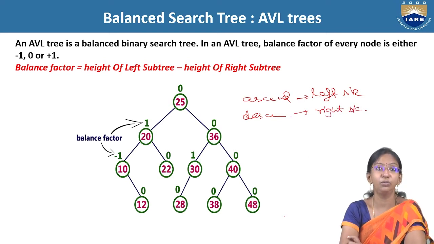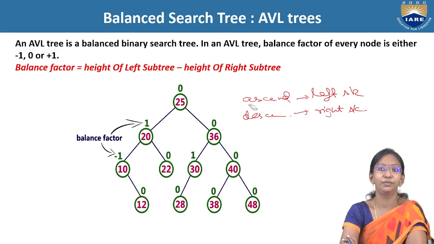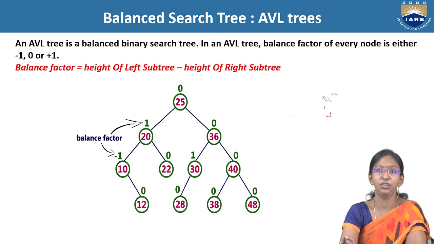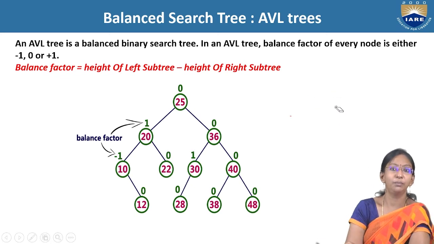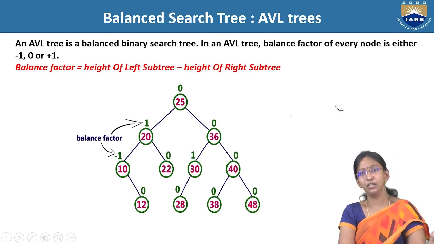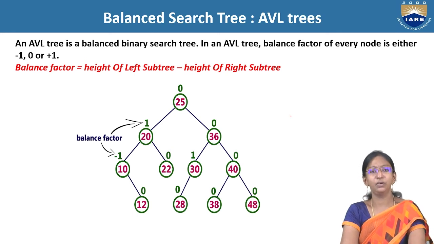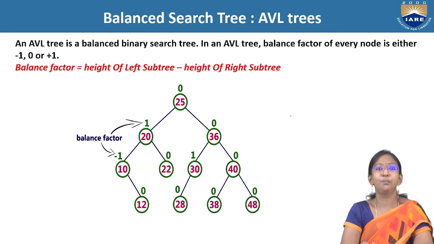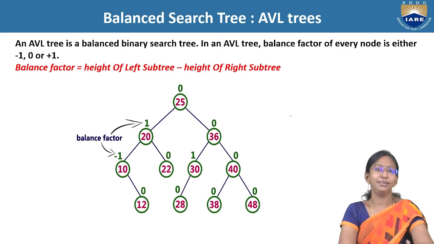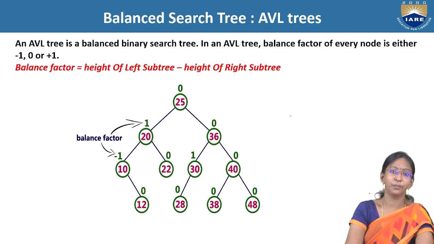That is, it is going to increase the height of the tree continuously in either the left or right direction, whereas it is not balanced. One side keeps on growing and on the other side no one is taking care of that. So to balance things, balanced search trees have come into the picture.